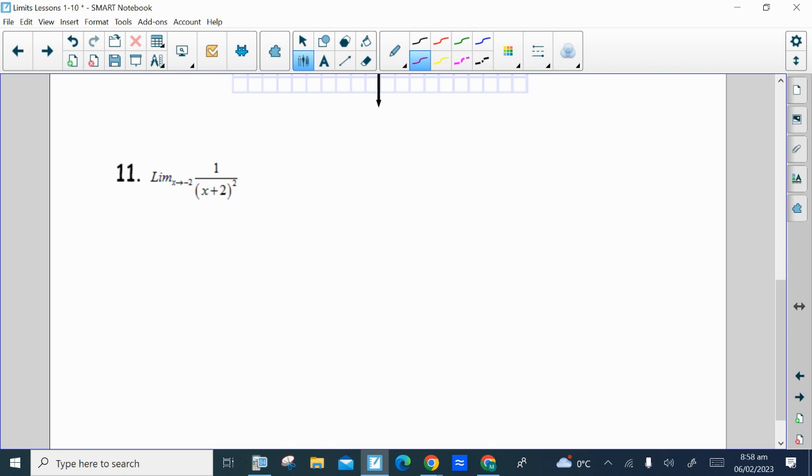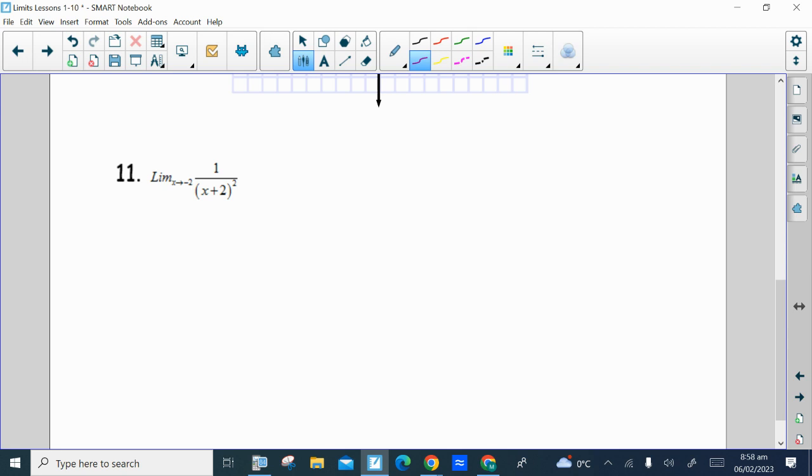It's another one that you would have to do by graphing. But the difference here is that because the denominator is squared, the denominator is always going to be positive.